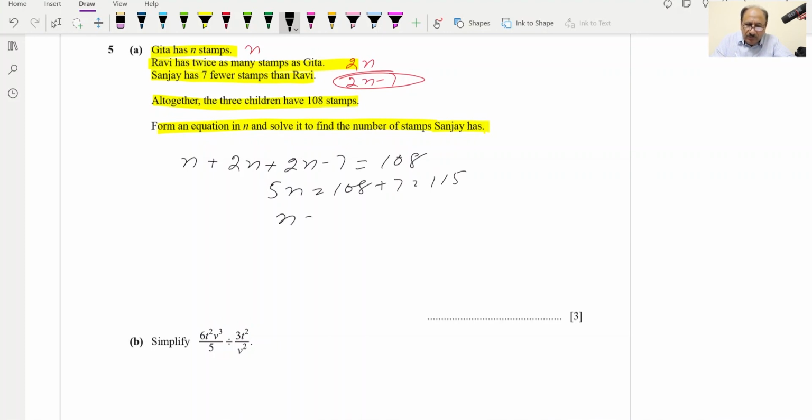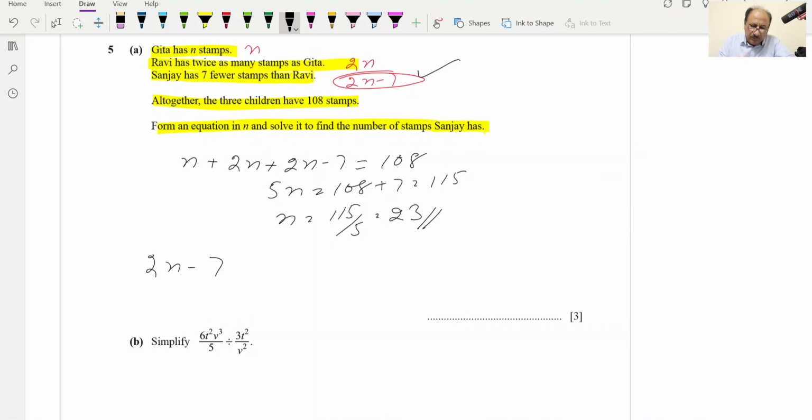So n will be equal to 115 over 5, which is 23. So the n value is 23. This n value we will be using in this.